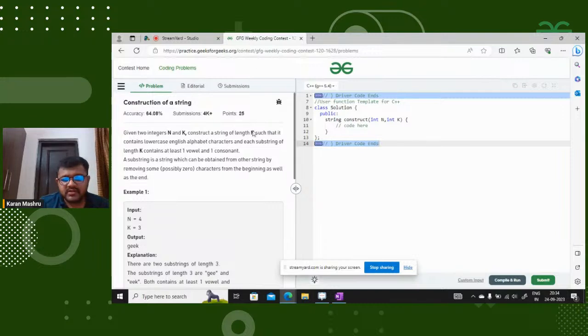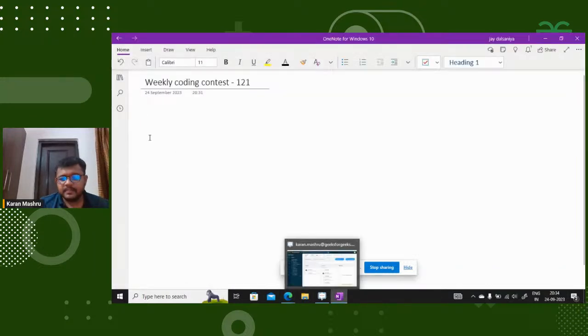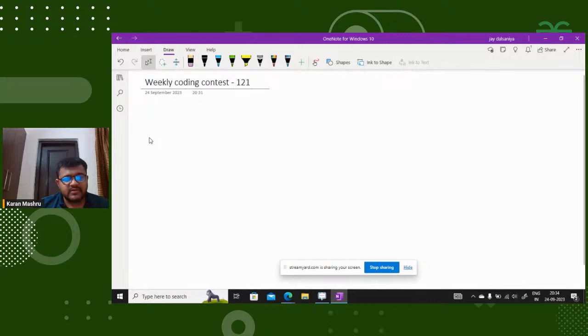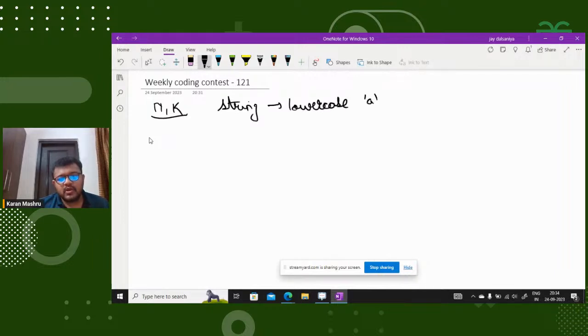So you are given n and k in the input. You need to construct a string which contains only lowercase English alphabets, small a to small z, in such a way that the length of the string is n.